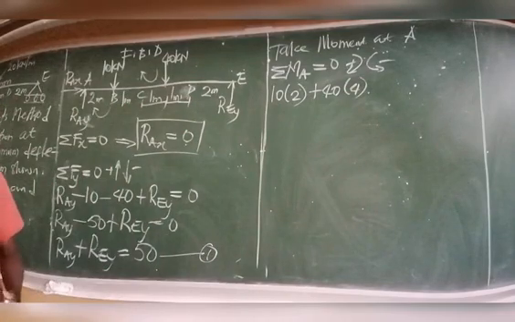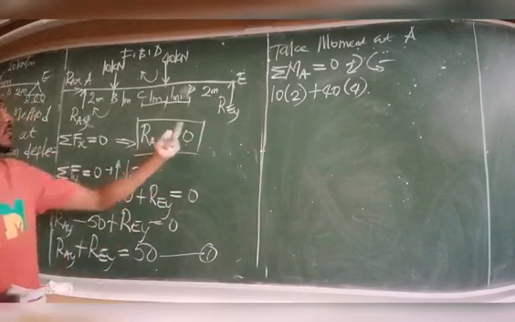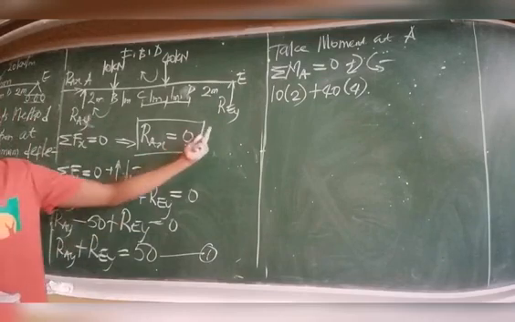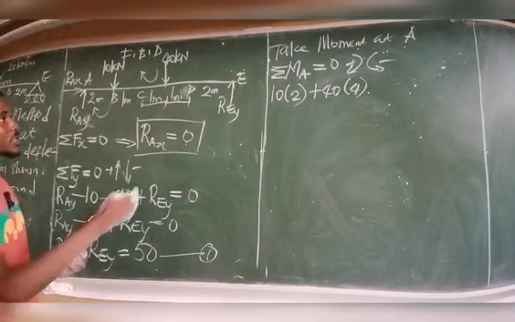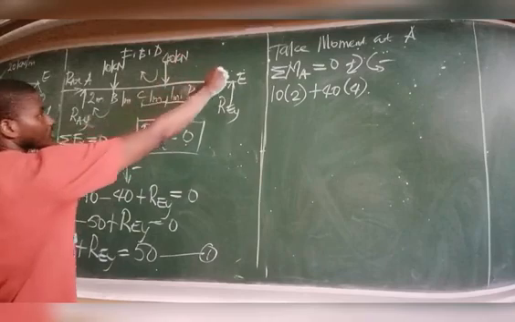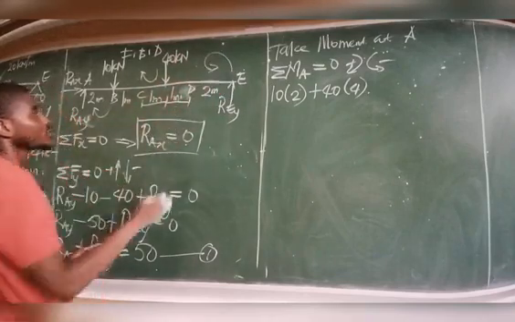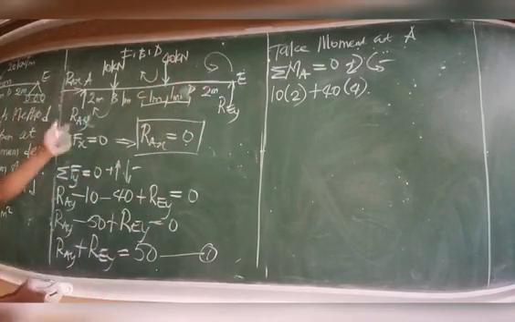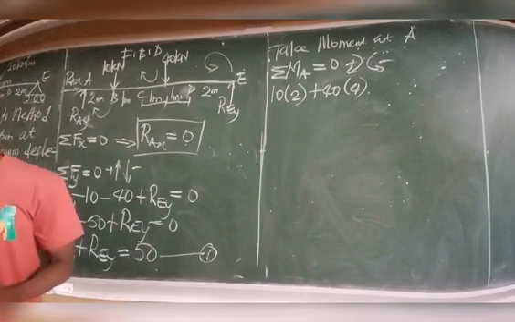Finally, we take the moment of this force REY about point A. This force is pointing upwards, so this force will turn about this direction to take moment at point A. Therefore, that direction is simply anti-clockwise.